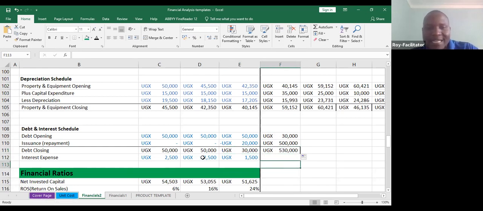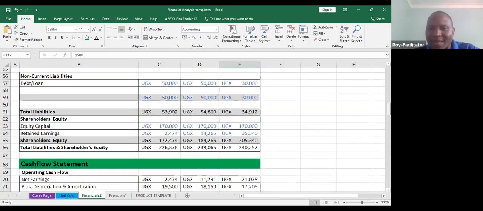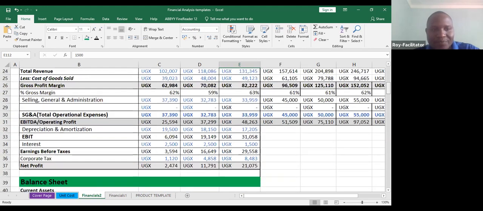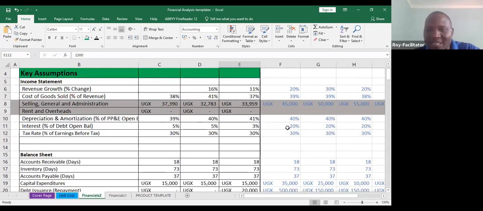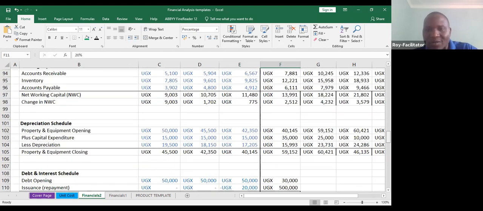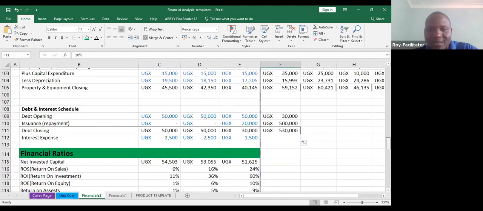Interest: as you can see, there was an interest rate we brought up here. What was the interest? The assumption of interest: we said the interest rate this time is going to be 20%. So I'm going to go down and say this time interest is 20%.